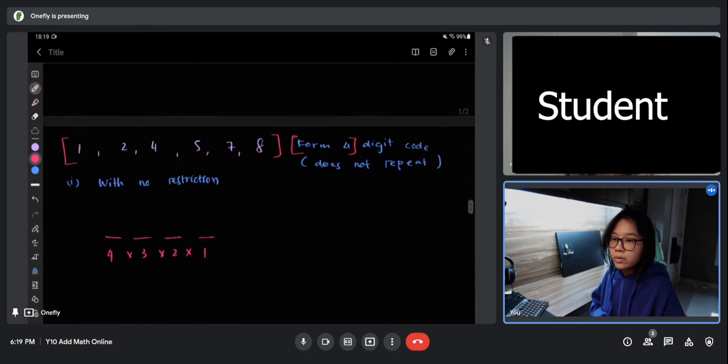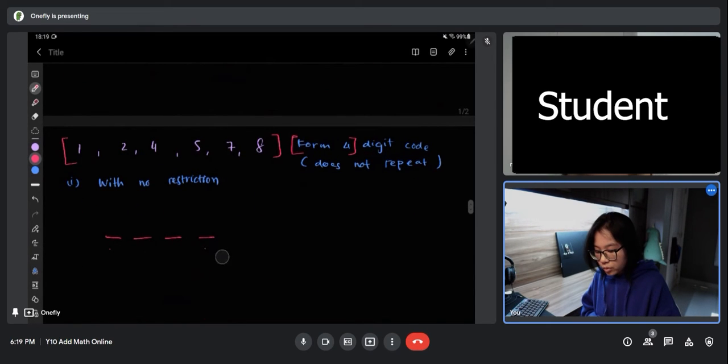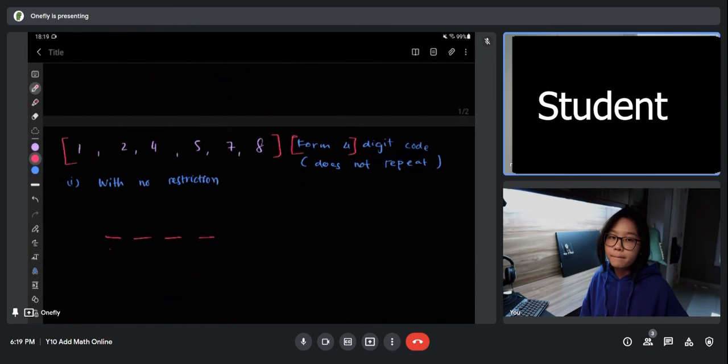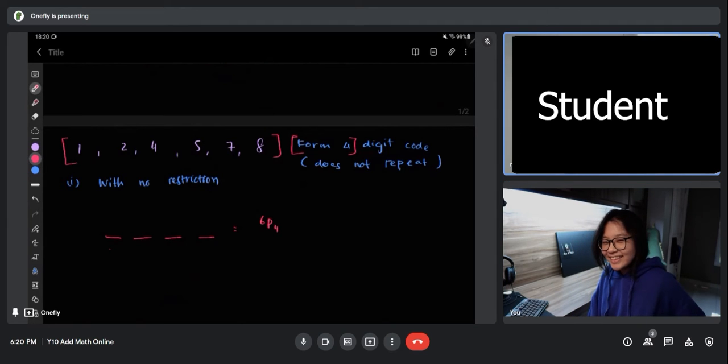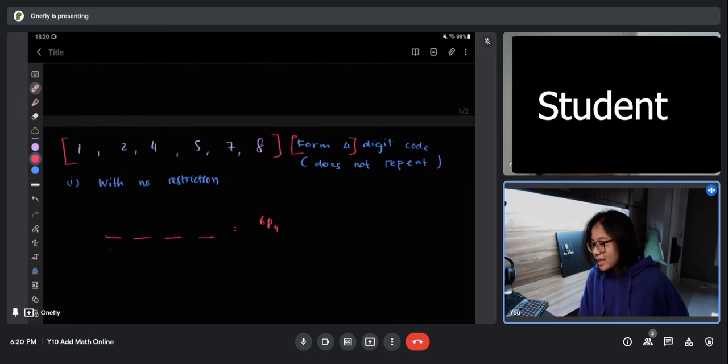Then how do we calculate the total possible arrangements? 6P4. It sounds like you are guessing. A bit of guessing, yeah, but the answer is correct. Let's look at how we figure out it's 6P4.